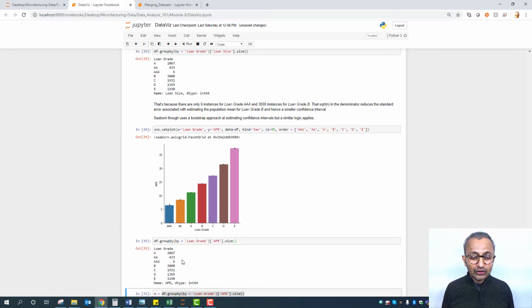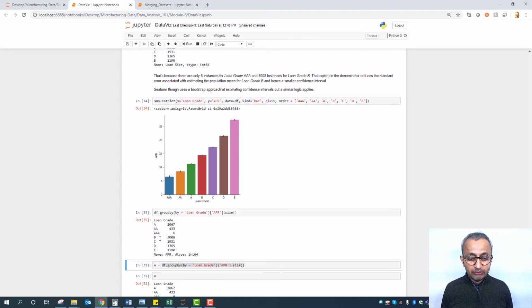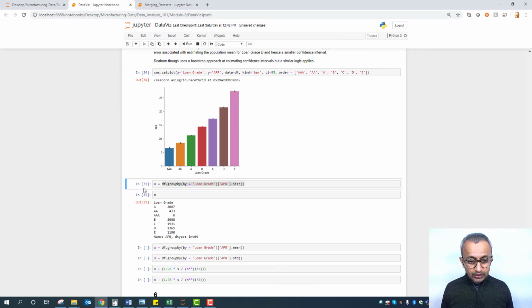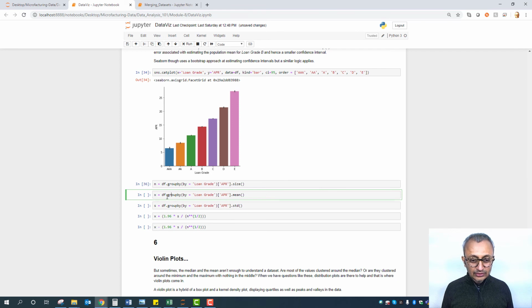So you have 6 entries of AAA and 3,000 some odd entries for B and so on, right? So you're going to assign that to a variable n, right? Okay, let's do that. And we are going to calculate x, which is the sample mean. So we are going to calculate it by loan grade. Okay, let's do that separately.